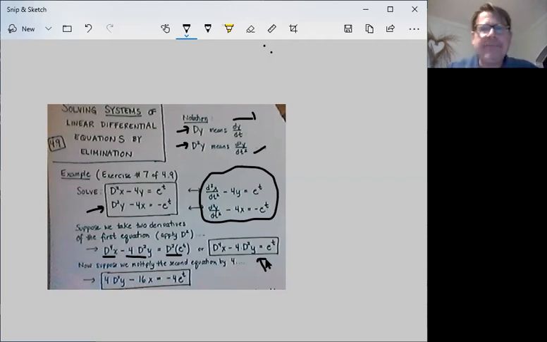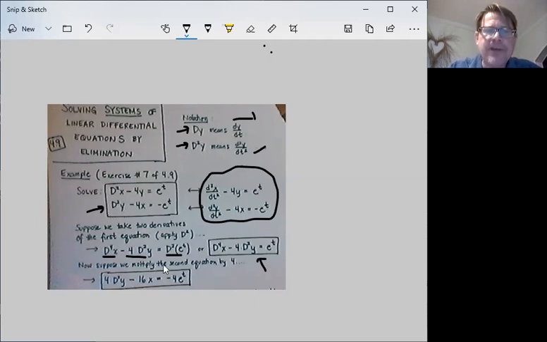Now, why do that? The reason is to set things up so that we can do an elimination, here of the y function. In the first equation, we now have a piece that says minus 4 times the second derivative of y. Notice that the second equation has an expression with the second derivative of y.